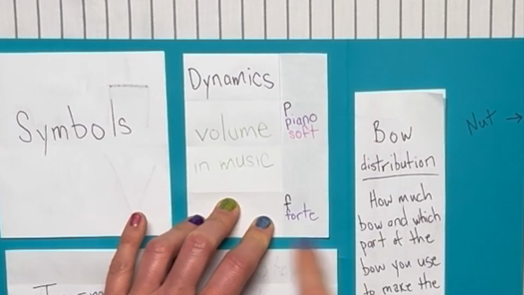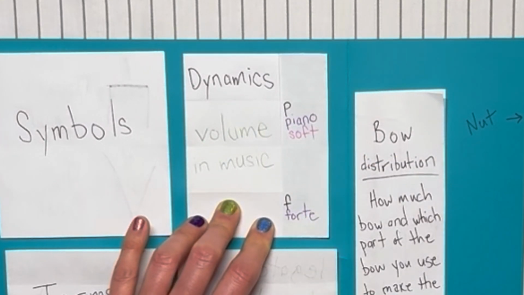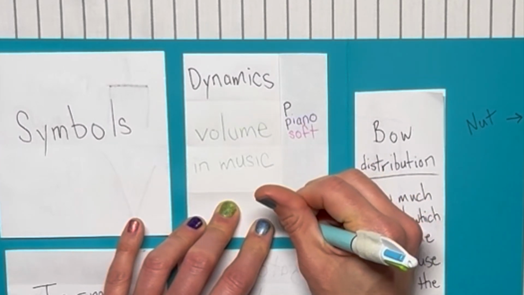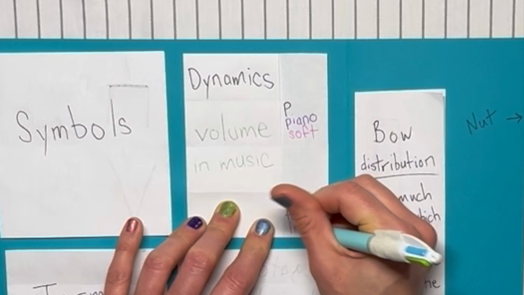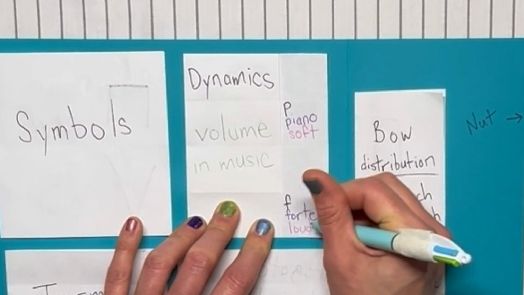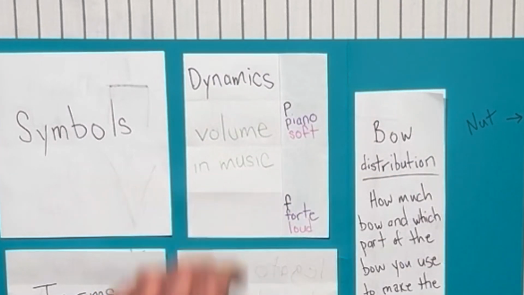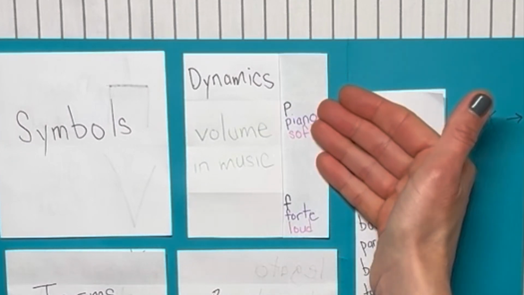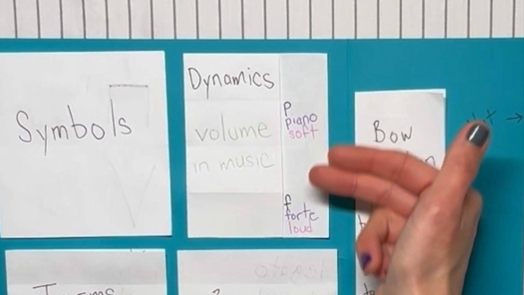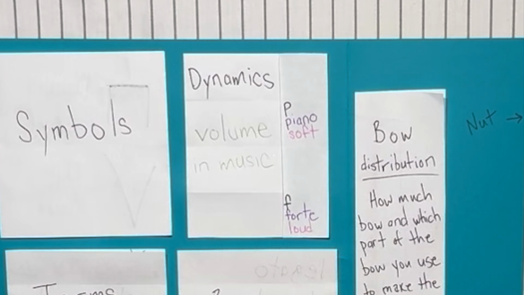F-O-R-T-E, forte. And what does forte mean? In terms of dynamics, it means loud. L-O-U-D, loud. So P means piano, which is soft. F means forte, which is loud.